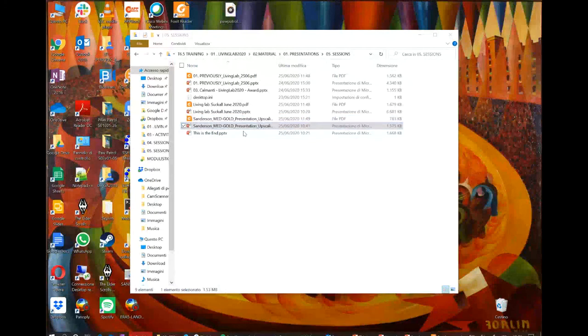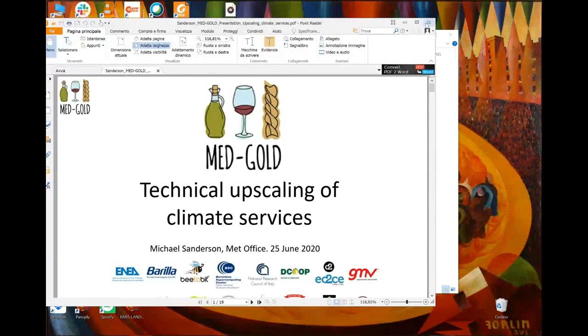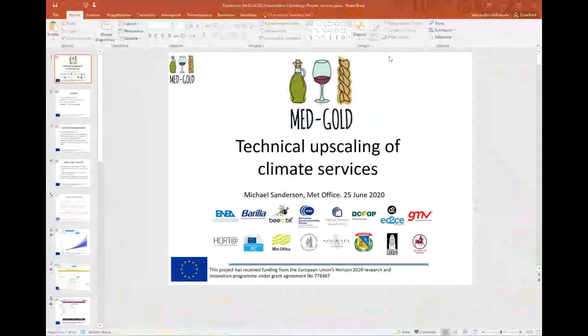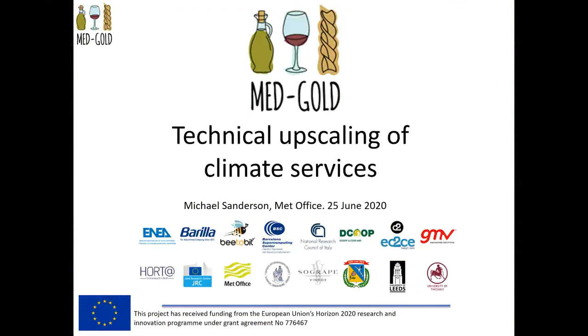Thank you. So our final speaker of this morning is Michael Sanderson from the Met Office. And he will be talking a bit about how we can think about upscaling the more technical aspects of the climate services. And this relates to the technical information in terms of climate information. So Michael is a senior applied scientist at the Met Office.